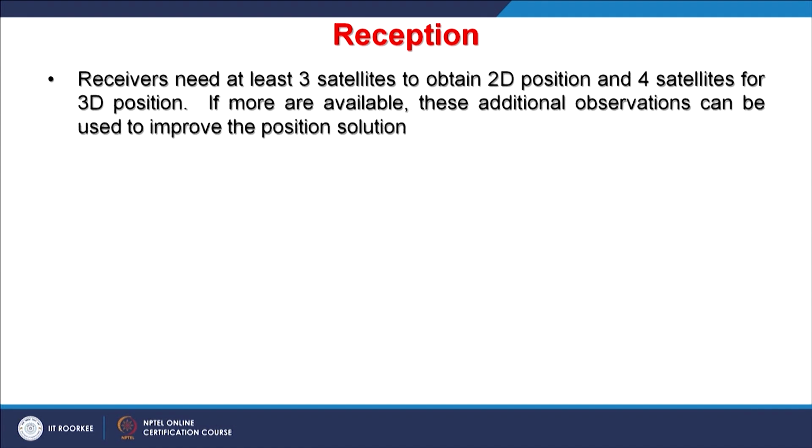Now at the receiving end, the receiver needs at least 3 satellites to obtain a 2D position, that means horizontal X and Y, or latitude and longitude, and you need another satellite, the fourth one, 4 satellites together to get the 3D position, that is X, Y and Z.